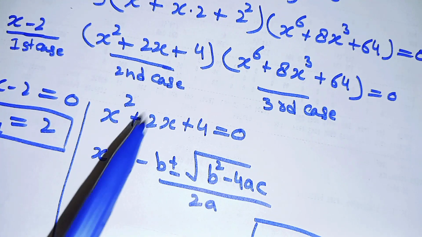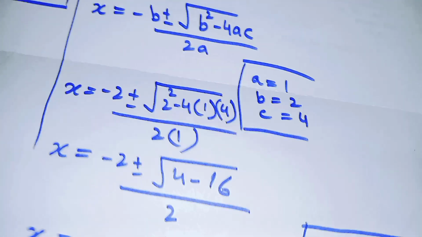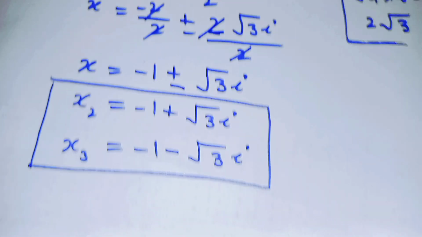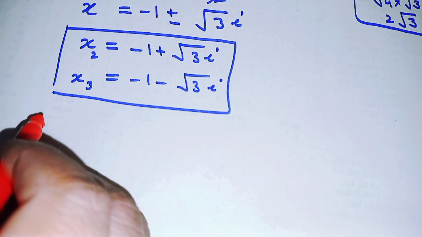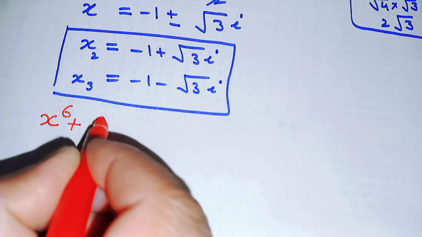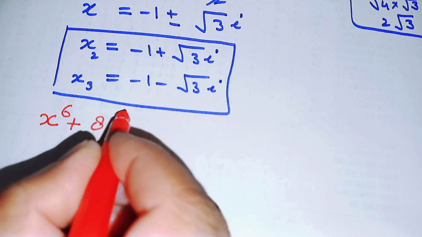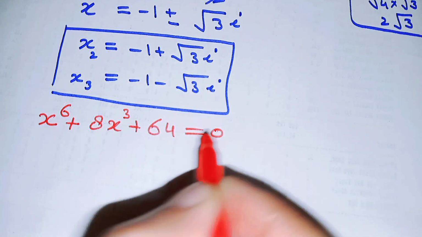So here we can solve the third case, which is x to the power of 6 plus 8 x cube plus 64 is equal to 0.